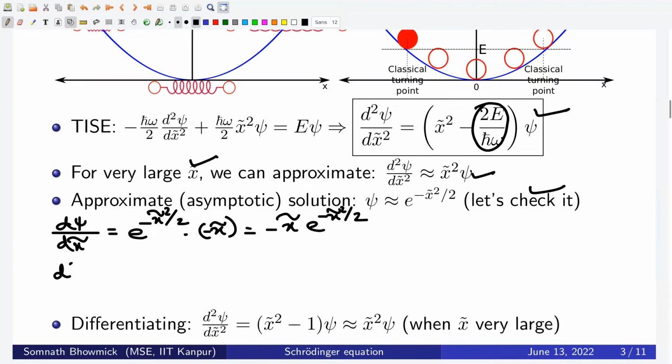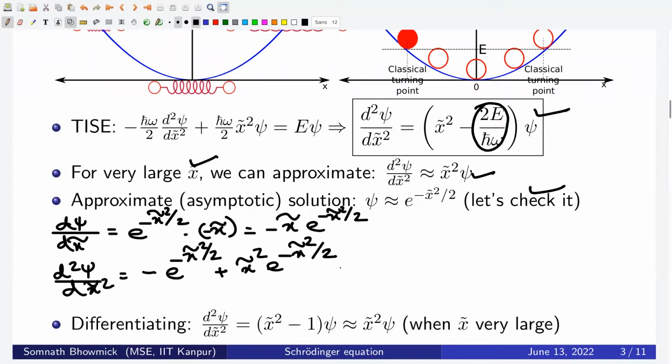If we take the second derivative, d2 psi/dx tilde square is equal to plus x tilde square, and we can write this as x tilde square minus 1 times e power minus x tilde square by 2.